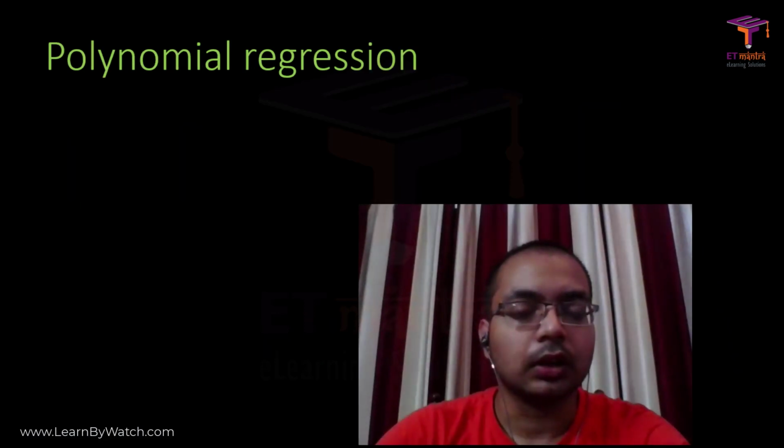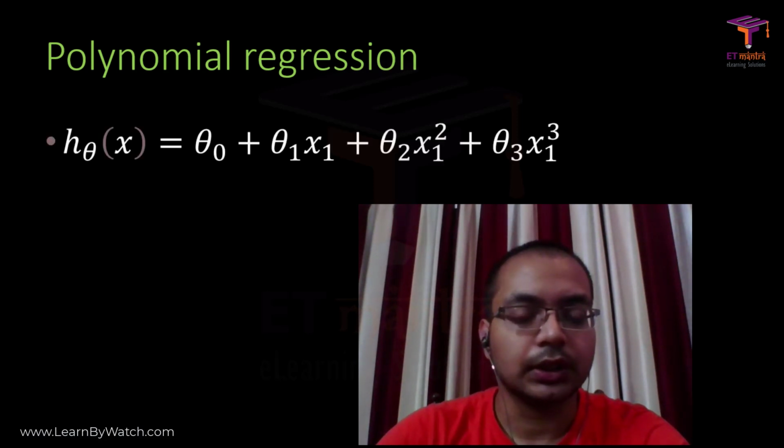Next we will look at polynomial regression, which is an extension of linear regression. Suppose our hypothesis function is as follows: theta 0 plus theta 1 x1 plus theta 2 x1 square plus theta 3 x1 cube. So how do we deal with this? It is very simple.